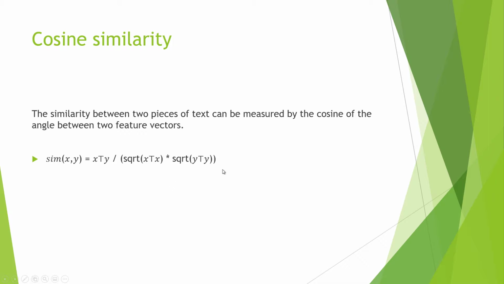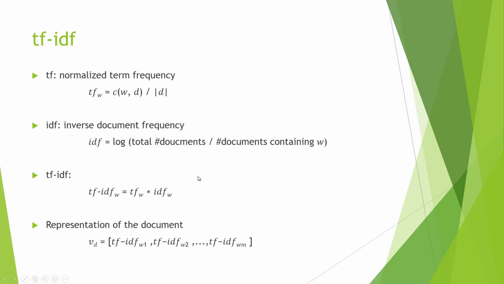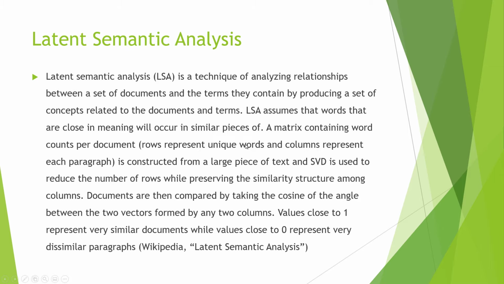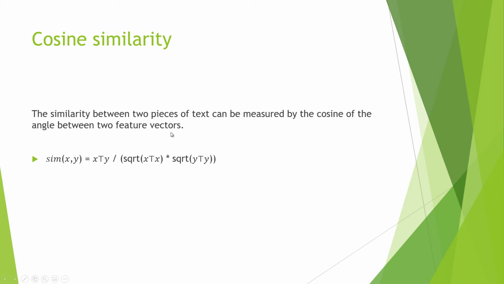So now this fraction becomes the cosine value between those two documents, and by definition, a cosine value close to 1 means those documents lie closely to each other in the vector space, whereas a cosine value close to 0 means they are orthogonal to each other, which implies they have no correlation or so.